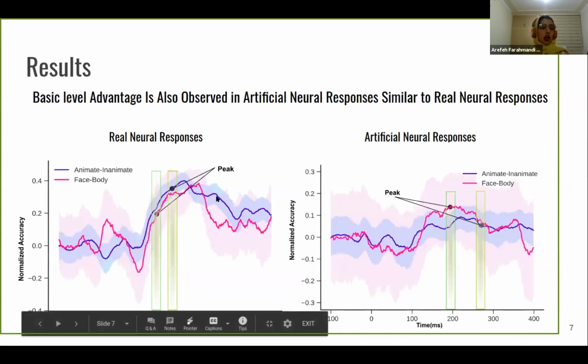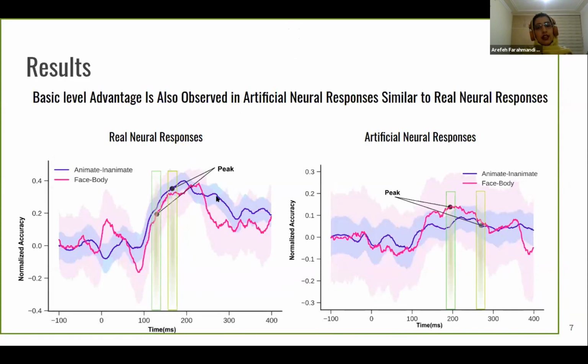As you can see, recent electrophysiological studies have suggested that earlier and later phases of neural response can encode multiple hierarchical abstractions of our visual information. So body face is our mid-level abstraction of our visual information, and animate inanimate is the superordinate level of abstraction.